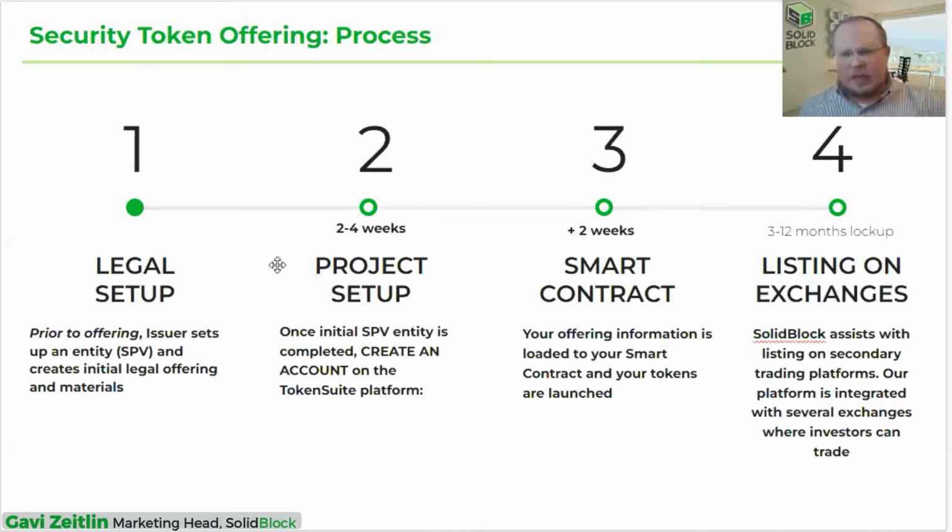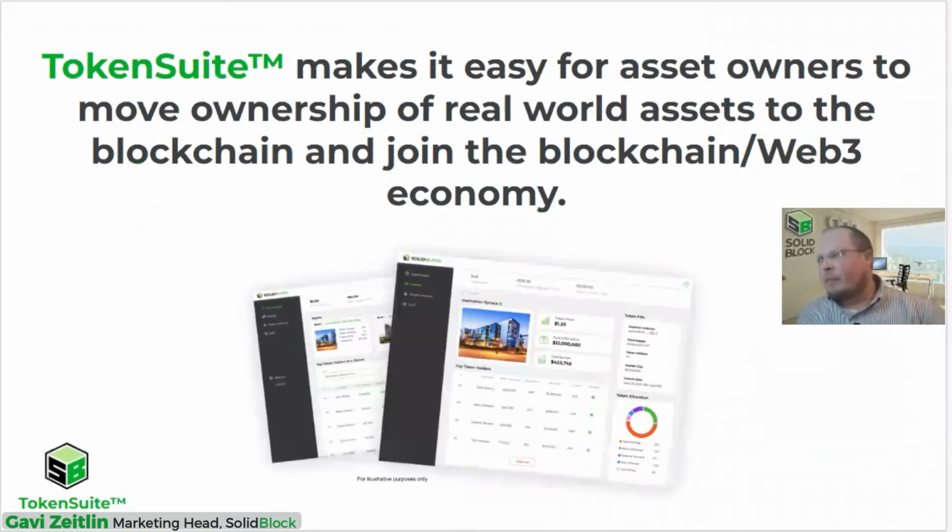Then, depending on which regulation, or the details of the property, or who's purchasing it, there's generally a lockup period, and after a 3 to 12 month period you can list those tokens on an exchange and trade them on a secondary market. So TokenSuite, the SolidBlock platform, is built on top of tokenization.